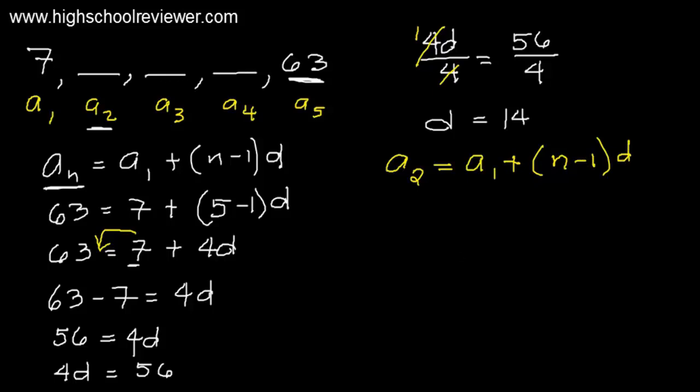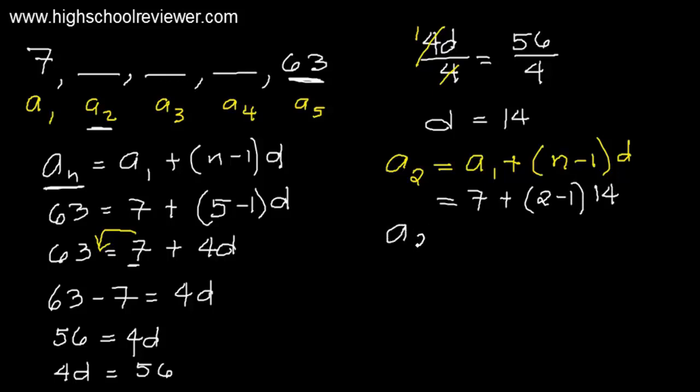Our a sub 1 is positive 7, plus n, since this is the second term, n will be 2 minus 1, multiplied by d, which is 14.